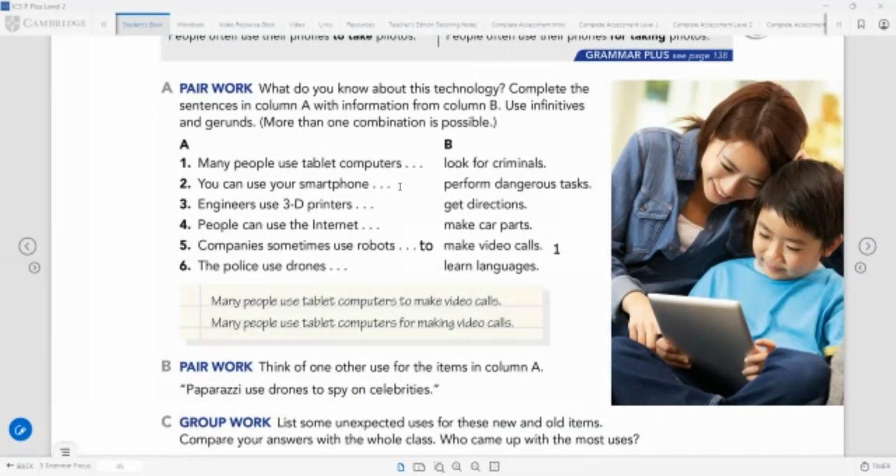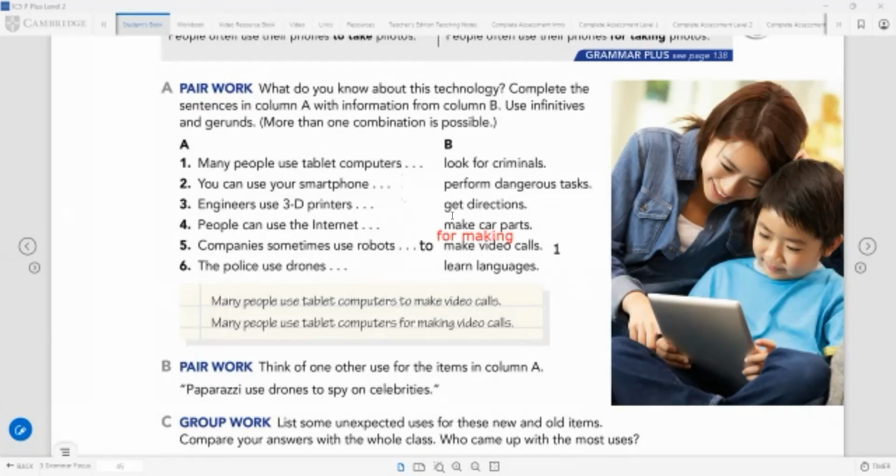Another possibility could be to make videos or for making video calls, that would be the other option. Let's continue with number two.